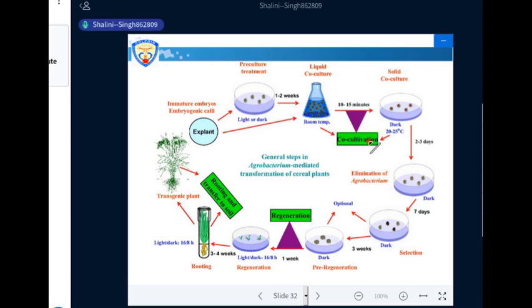They are allowed to grow for around 2 to 3 days, that is known as co-cultivation. intermittently. For this, a bacteriostatic medium is prepared, that means medium having one antibiotic.